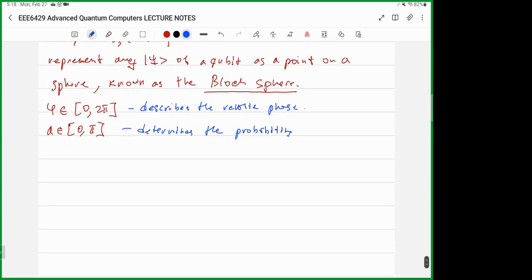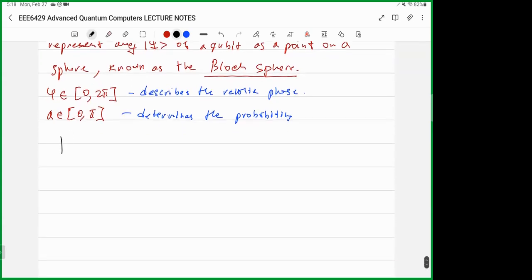For example, I just remind you that the probability of finding the qubit in the 0 state is the modulus square of the projection of the psi vector on the 0 state.